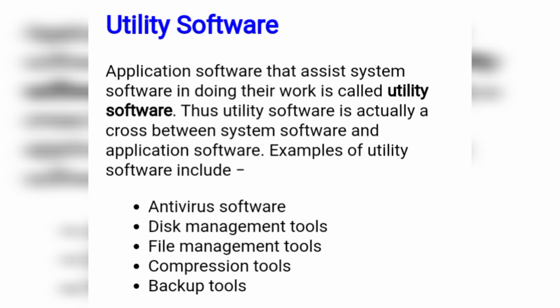Thus, utility software is actually a cross between system software and application software. Examples of utility software include: antivirus software, disk management tools, file management tools, compression tools, backup tools.